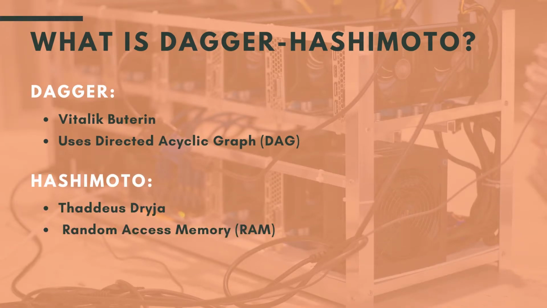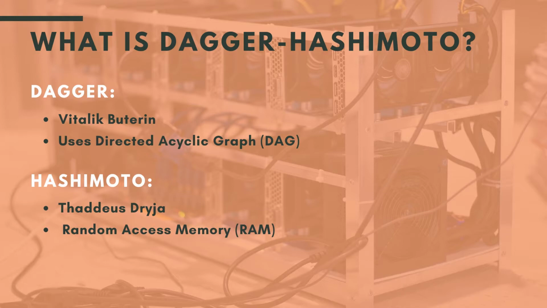Hashimoto is an algorithm created by Thaddeus Dryja, designed to make memory reads the limiting factor in the mining process. Hashimoto relied on the idea that RAM is a more generic ingredient than computation, making RAM more optimal for evaluating algorithms. Dagger-Hashimoto aims to simultaneously satisfy two goals.